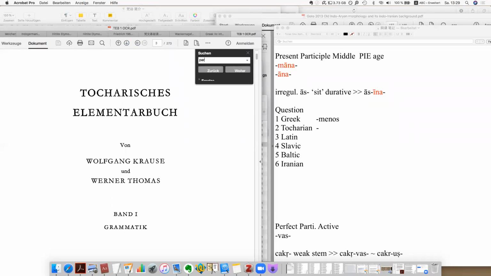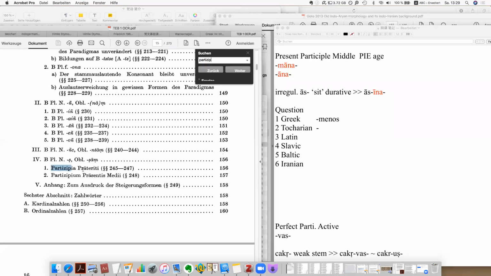So let's check participe, right? Check participe praeteriti and participe presentis medii. So it's actually on page 157.